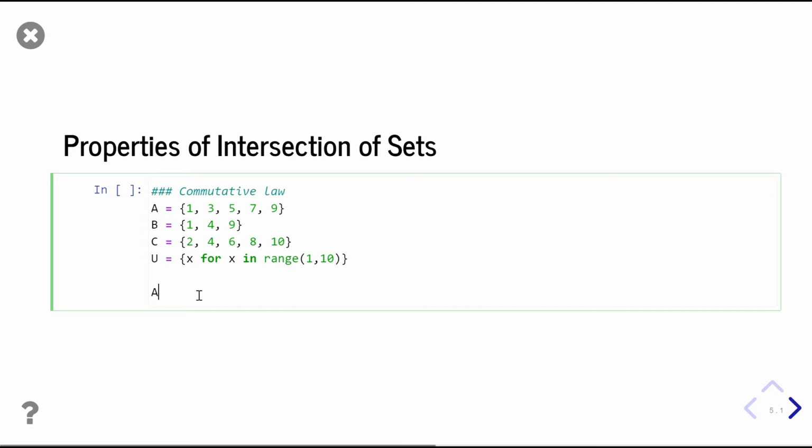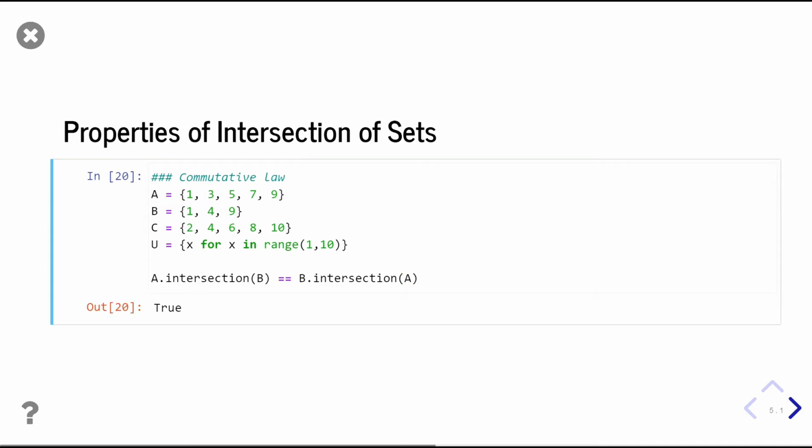We can check that this is commutative, so A dot intersection with B should be equal to B dot intersection of A, and Python says that this is true.